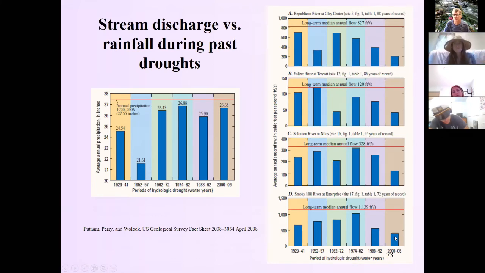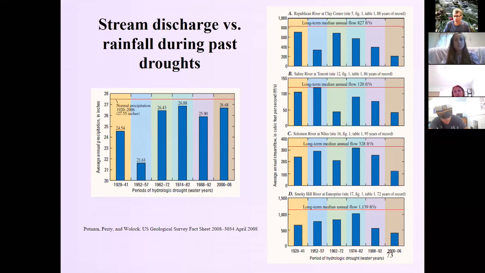Well, we can see during the Dust Bowl, the Republican River, which is one of the two, the Republican and the Smoky Hill, that feed in to produce the Kansas River, right? The Republican River was pretty high median, pretty high flow. The Solomon River was pretty high flow relative to some of the other years, and the Smoky Hill was a little bit lower than some of the other years.